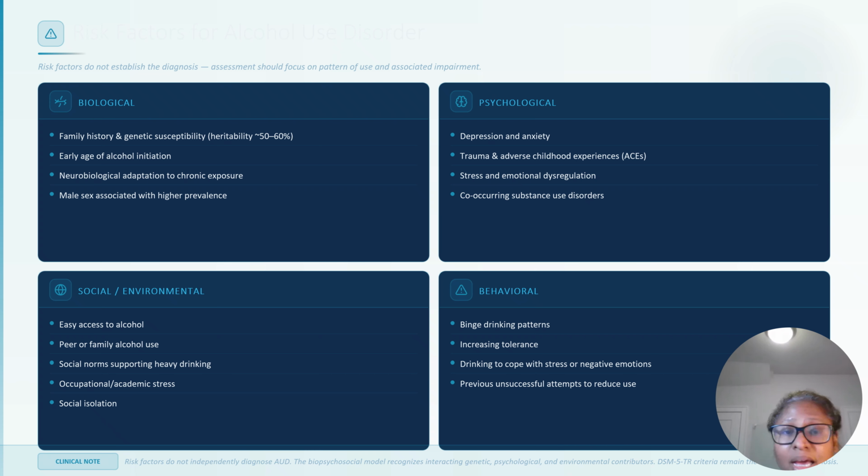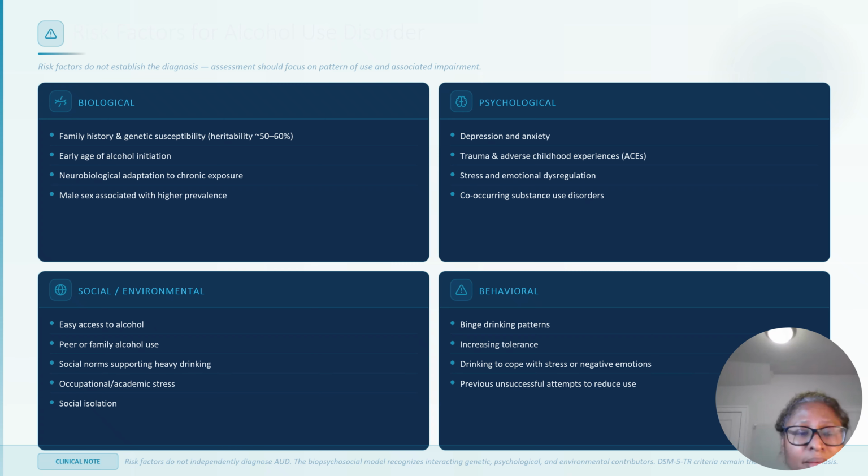As far as physiological things, there's depression and anxiety, trauma and adverse experiences; alcohol can be used to cope with these things. Another thing alcohol can be used to cope with is stress and emotional dysregulation.